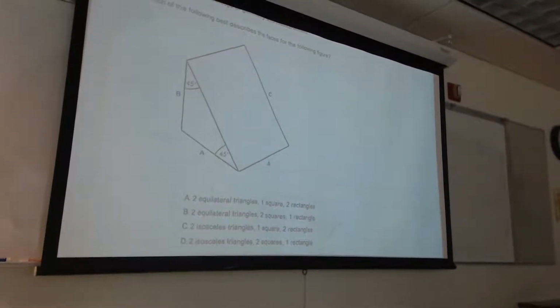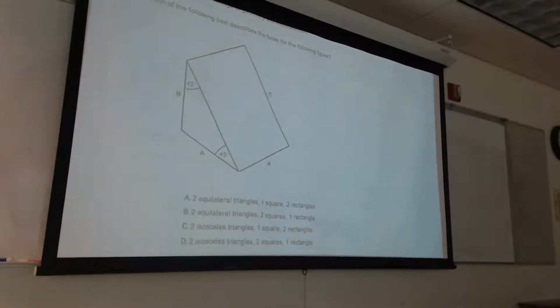The triangles. Okay. What is this face that I can see right here? Well, that's facing me on this side. What shape is that? First, we all agree it's a triangle. What kind of triangle? It is isosceles.